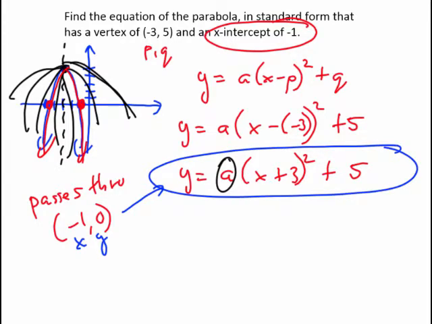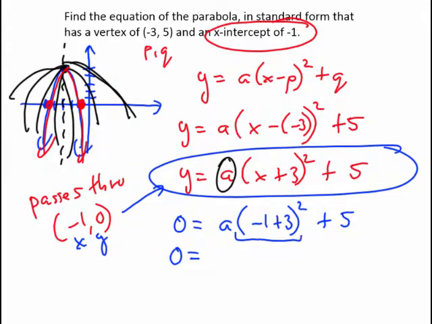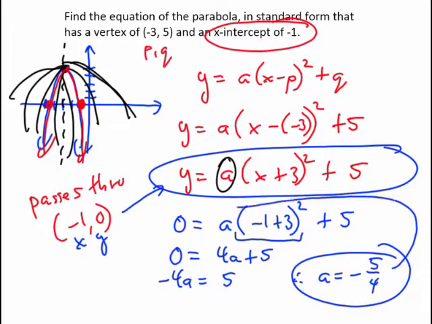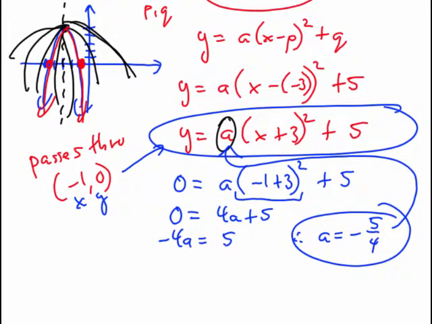So let's plug in y is 0, x is -1, and then we got to figure out what a would have to be to make that work. So this is 2 squared, that's 4a plus 5. Solving for a, -4a is 5, so therefore a is -5/4.